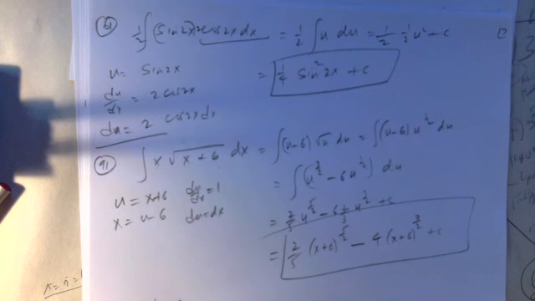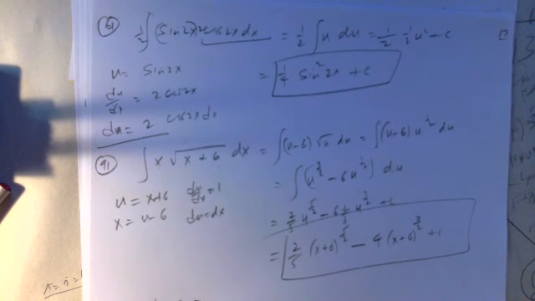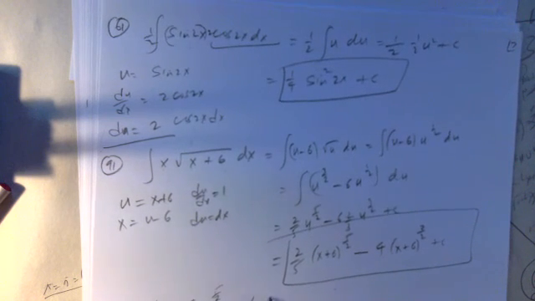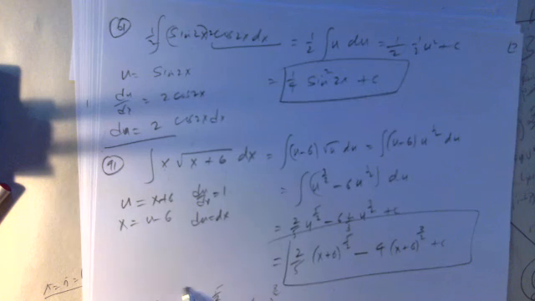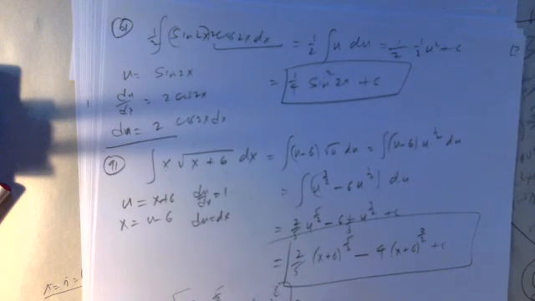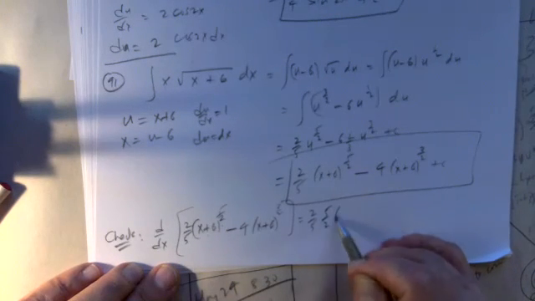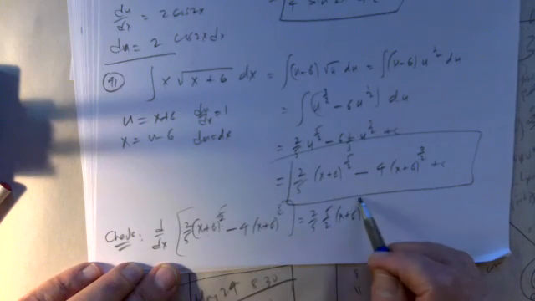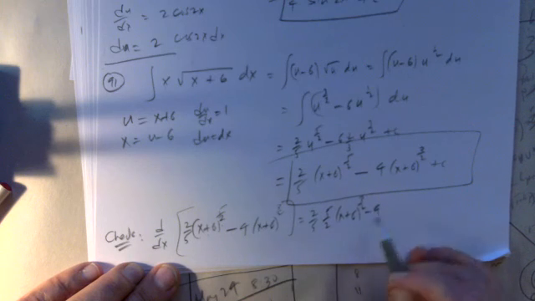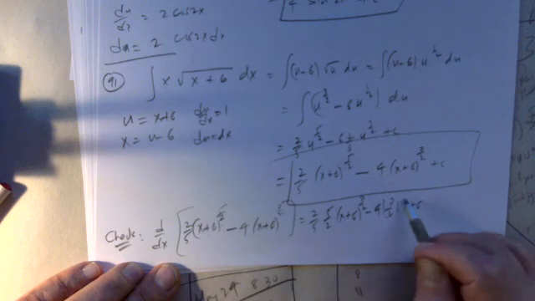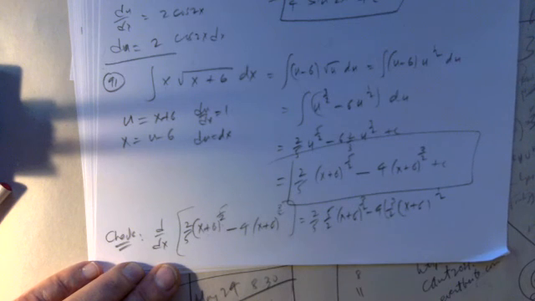The derivative of 2/5 (x plus 6) to the 5/2 minus 4 times (x plus 6) to the 3/2 is what? You get 2/5 times 5/2 (x plus 6) to the 3/2 minus 4 times 3/2 (x plus 6) to the 1/2.